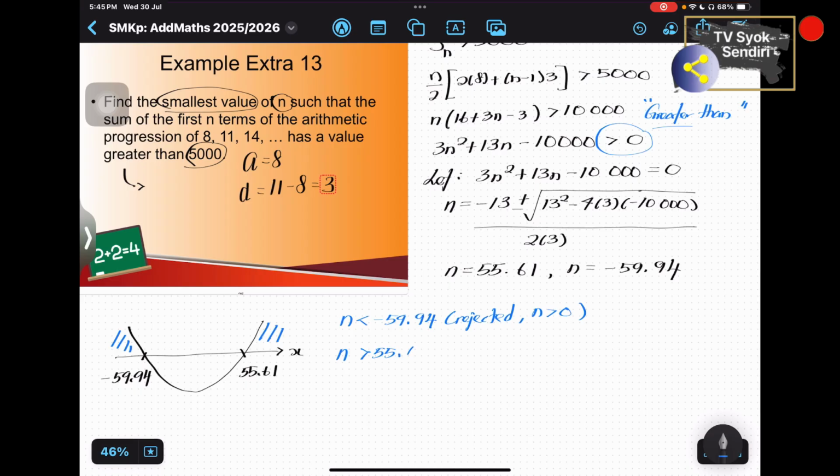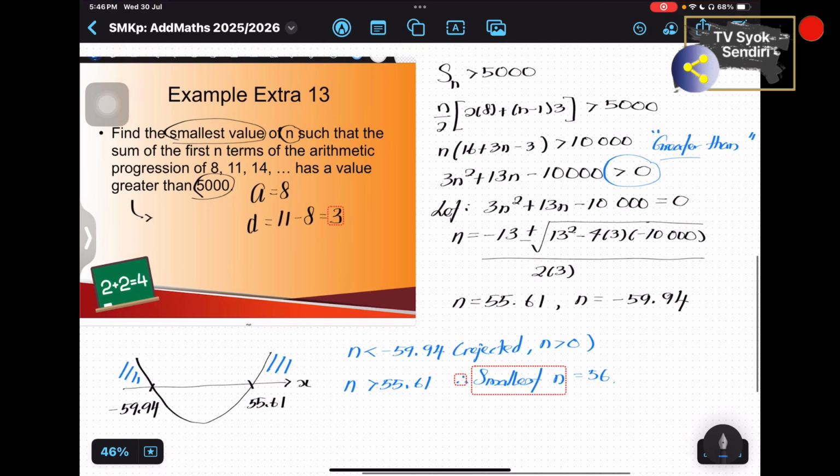So now we have the next one, n greater than 55.61. Hence, the smallest n will be 56. So the smallest n will be 56. This is the answer for your extra number 13.